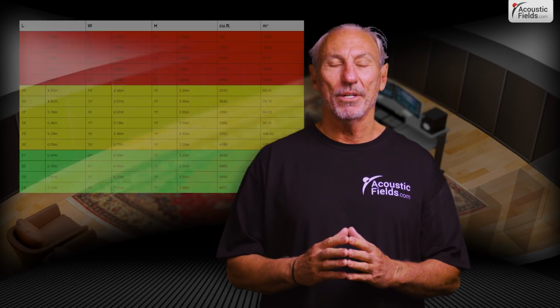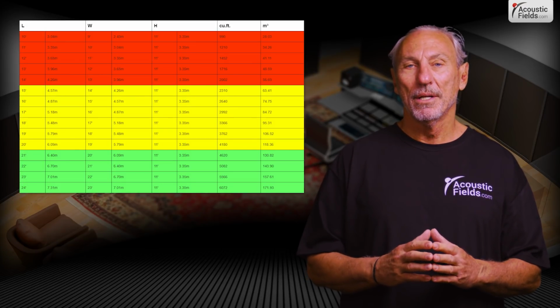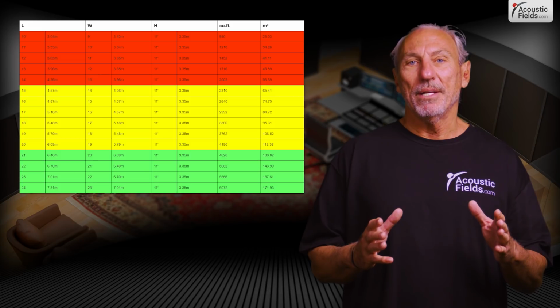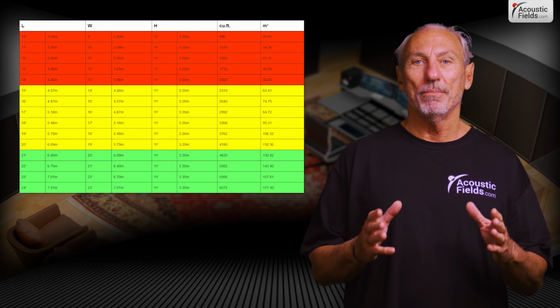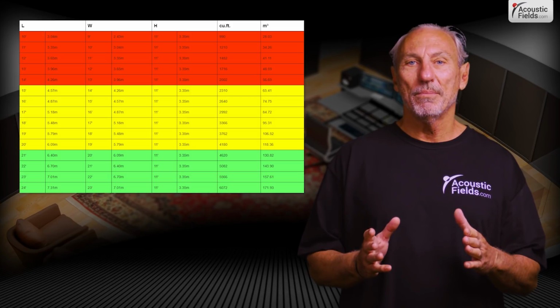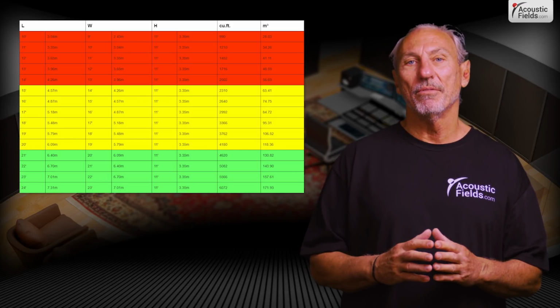So let's first start with our red, yellow, and green guideline chart. This is a chart I put together based on our database. And in the database, I started to see certain patterns. So I used those patterns for maximizing treatment of all the biggest issues in these room sizes and volumes.